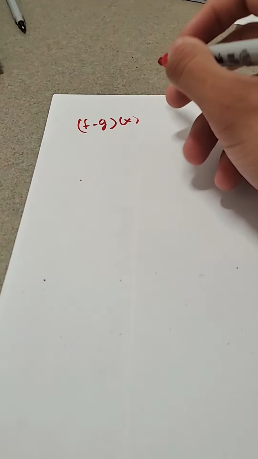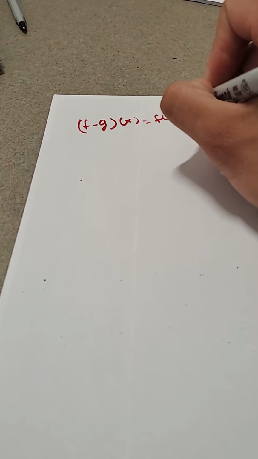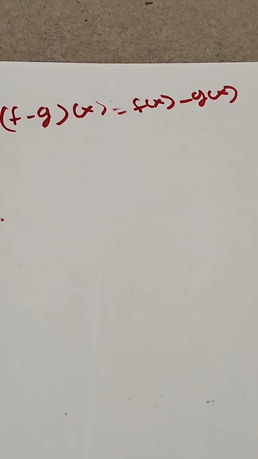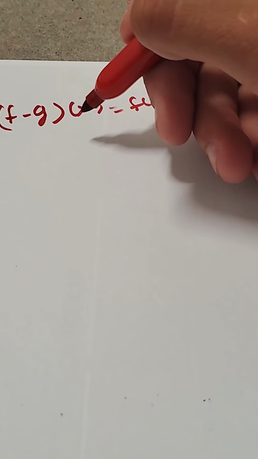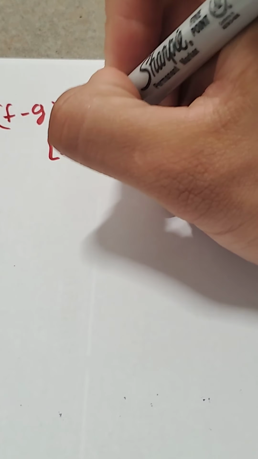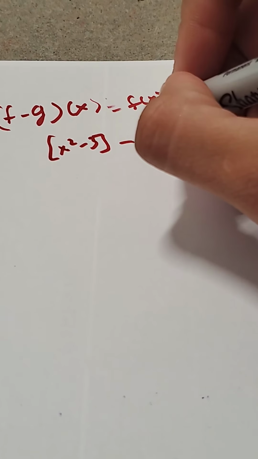So we have is equal to f of x minus g of x. Well, pretty much it's equal to our f of x. So our f of x is equal to x squared minus 3 minus 4x plus 5.